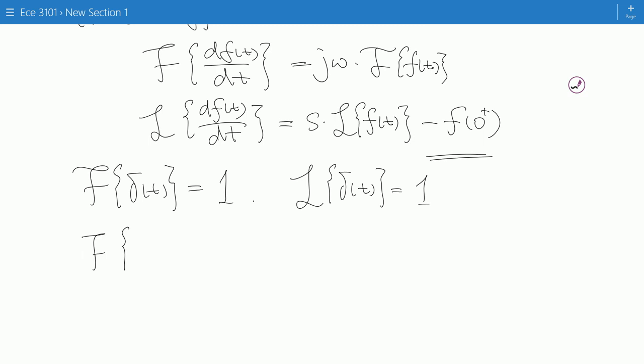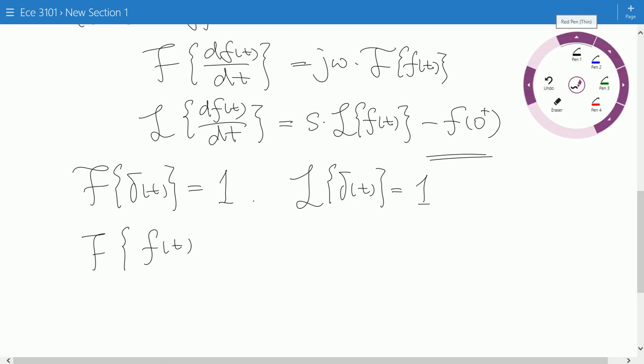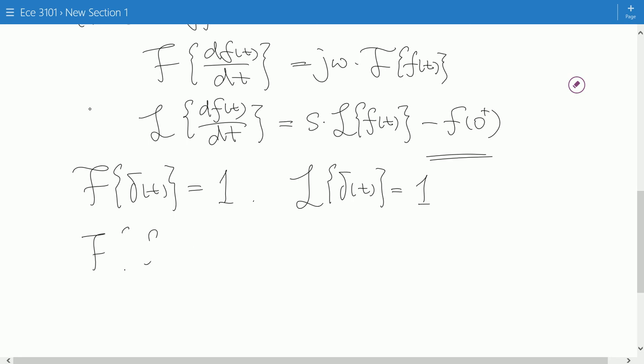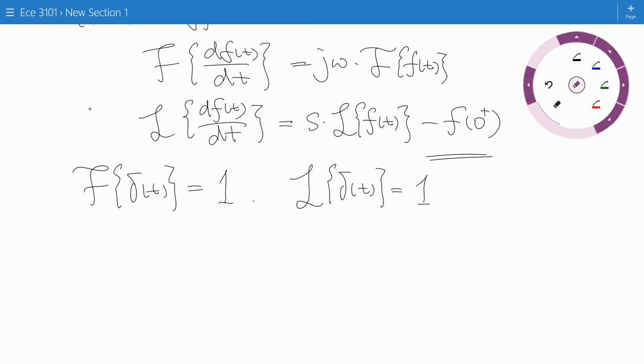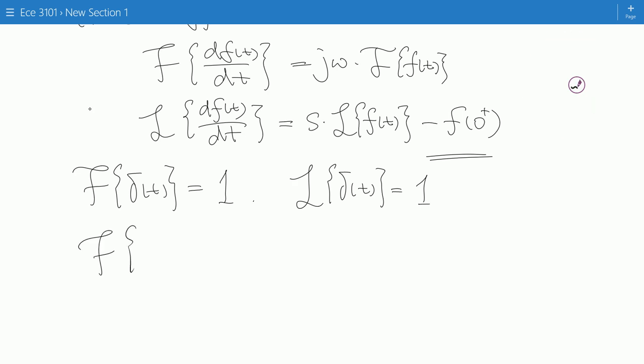Now, sometimes we want to do a time delay. A time delay will be, instead of f of t, we have f of t minus t0.